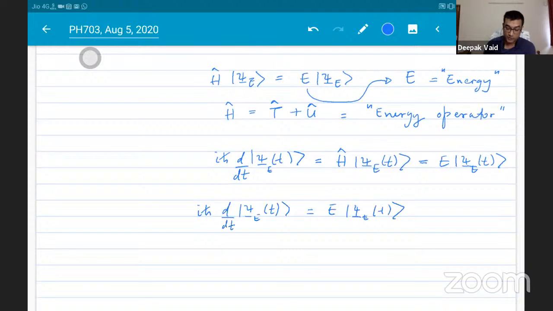I can write down the solution of this equation right away. The solution is exponential of minus i E t by h bar times psi of E at some time t naught.